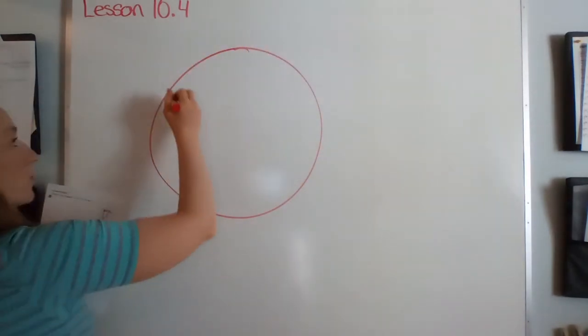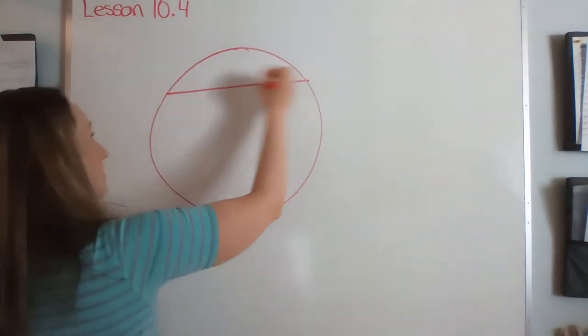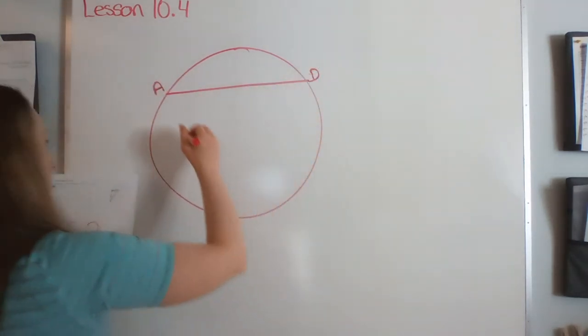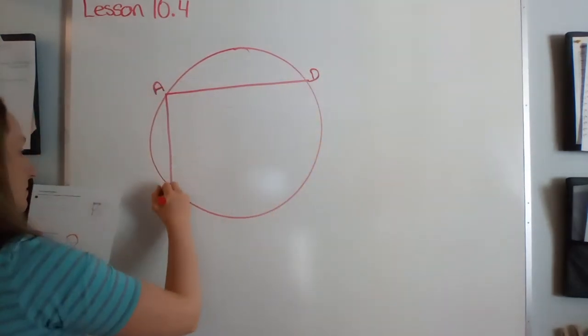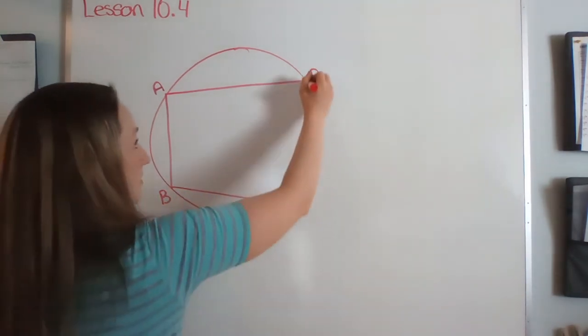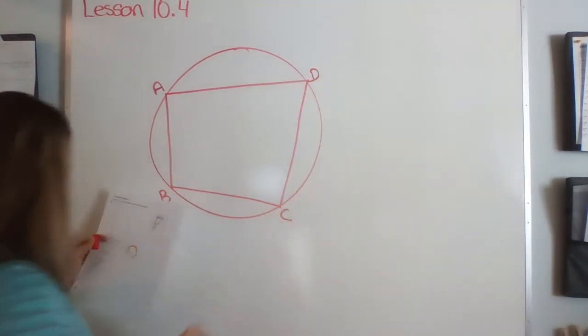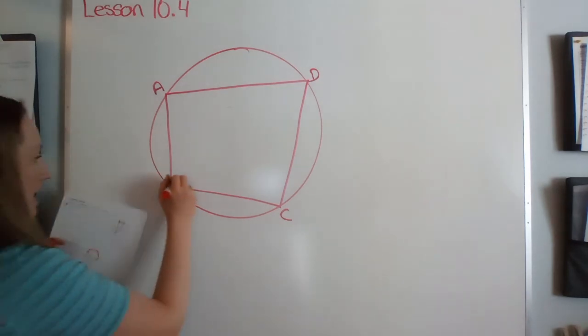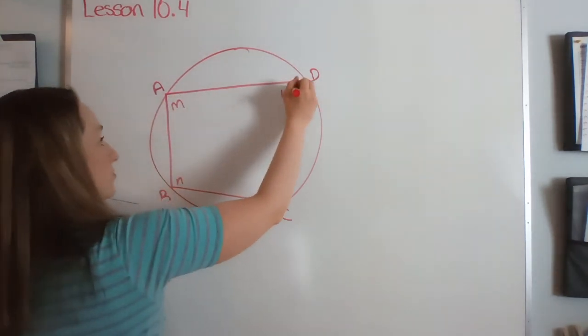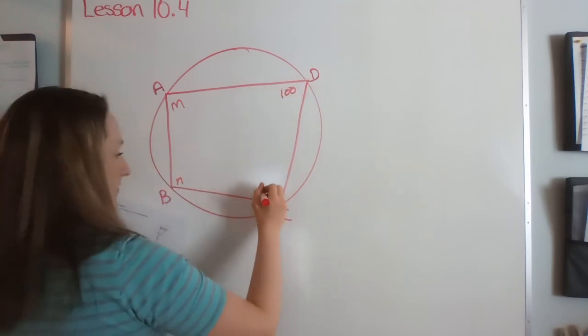I have a quad A, D, B, C. And you're given N, M, 165.